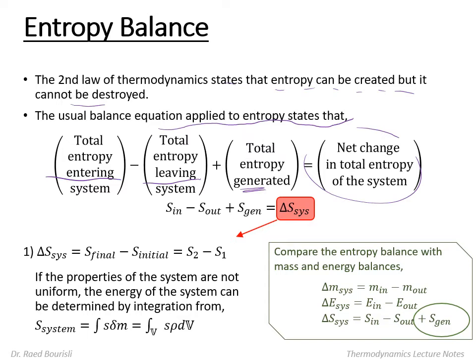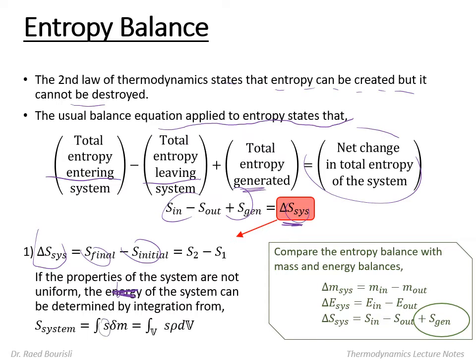So let's talk about these three contributions, 1, 2, 3, one by one. Let's first take the entropy change of a system. Entropy change of a system is S final minus S initial, S2 minus S1. If the properties of the system are not uniform, then the entropy of a system can be determined by integration, just like we did for the energy and for the mass.